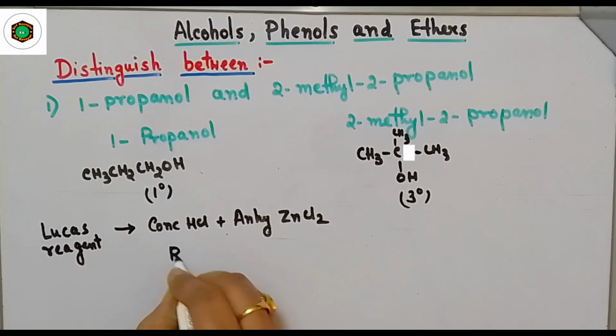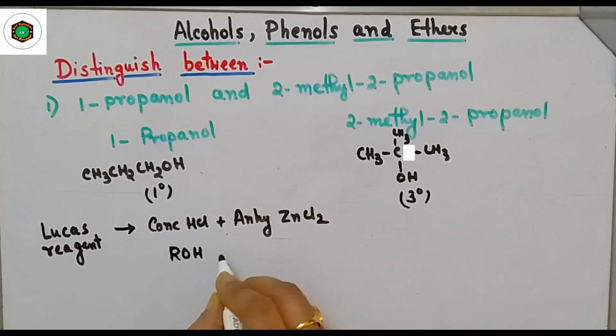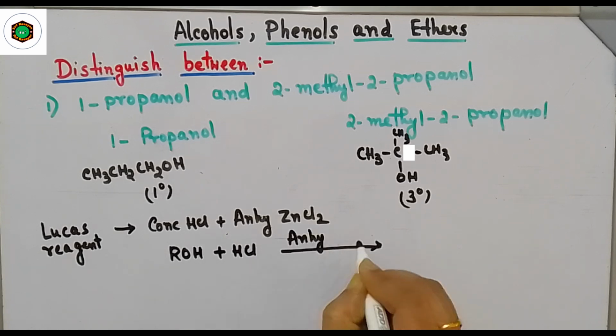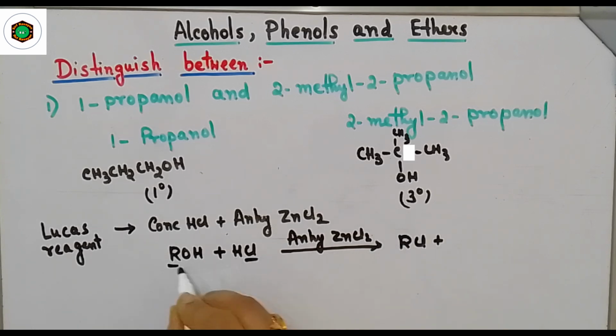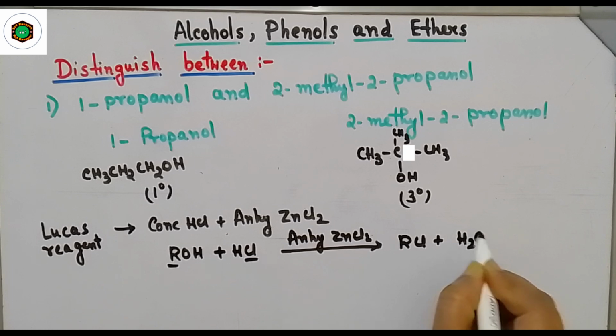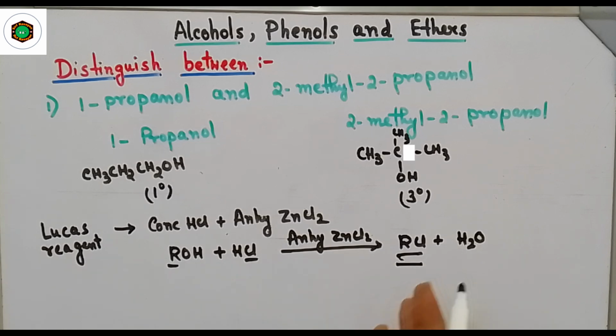If you take alcohol, if you treat with concentrated HCl in presence of anhydrous zinc chloride, what will happen? You will get RCl plus you will get water. Alcohols are soluble in Lucas reagent, but this halide is not soluble in this reagent. So if you will get halide from alcohol, then in the reaction medium, in the solution, you will get milkiness or turbidity.